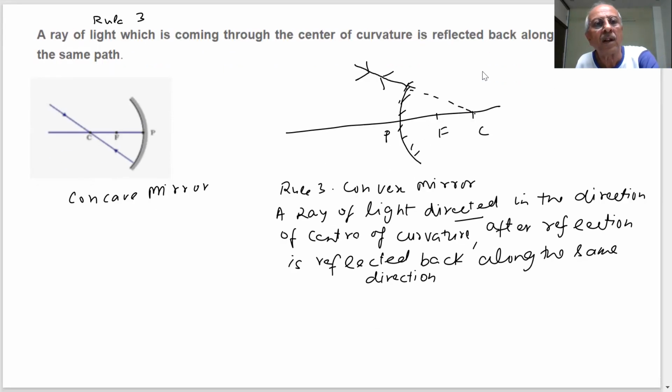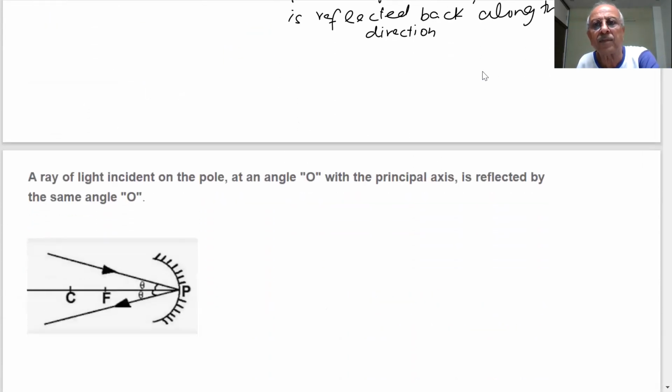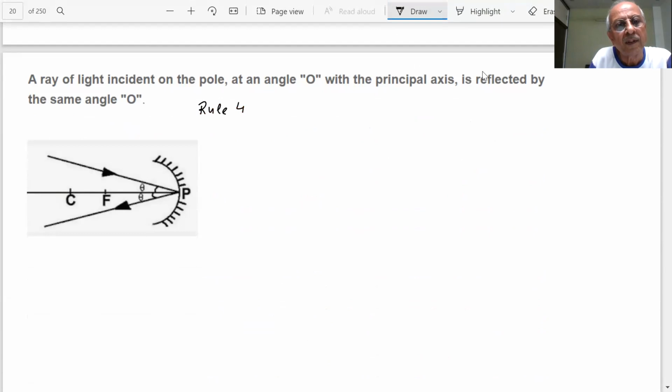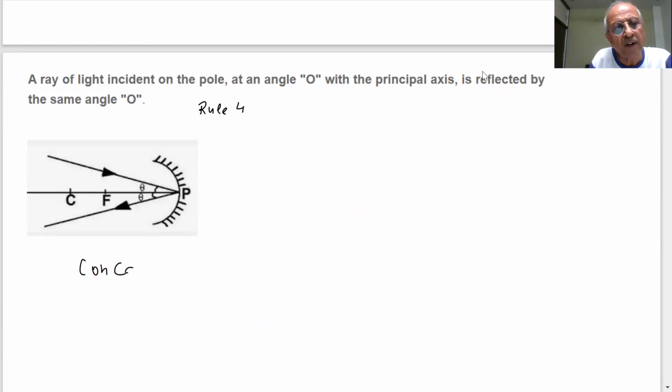Draw the diagrams. Now I'm coming to the last rule. That was our rule 4, student. This is a concave mirror, students. As you can see, a ray of light which is falling on the pole is reflected in such a way that it makes the same angle with the principal axis.